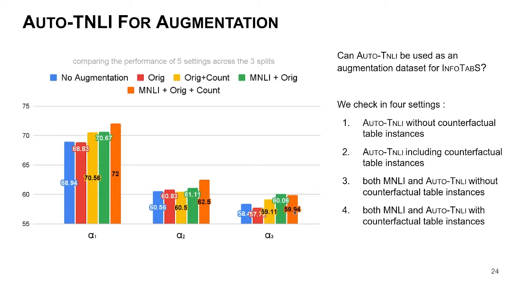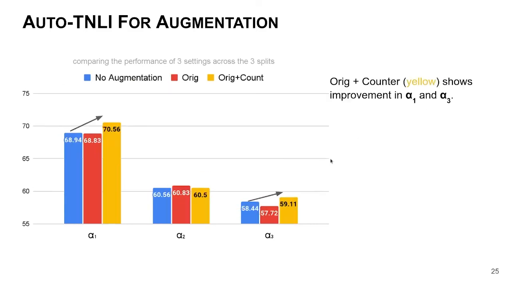Now even for this we had 4 settings. First is only original tables, second is original plus counterfactual, third is MNLI plus original, fourth is MNLI plus original plus counterfactual. So comparing the original and original plus counterfactual, we see original plus counterfactual shows improvement in alpha 1 and alpha 3.